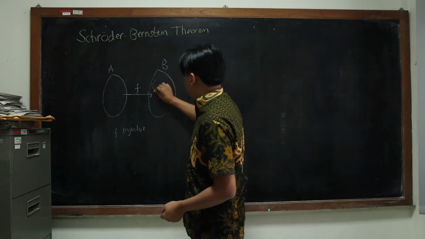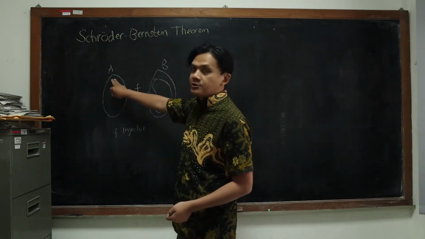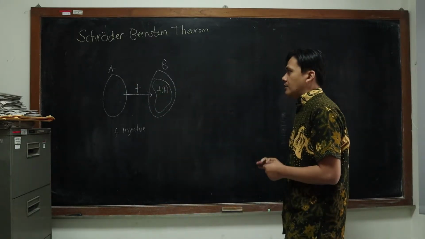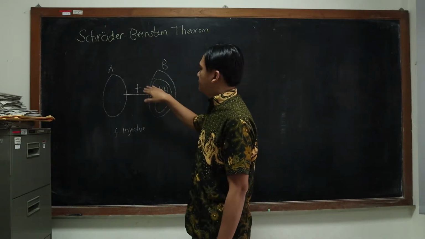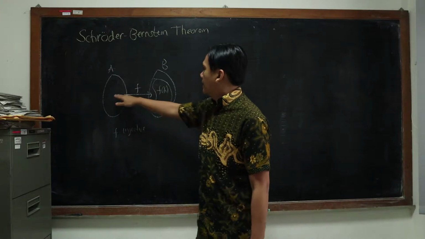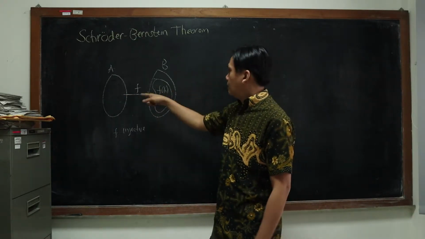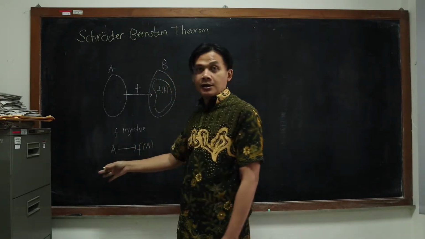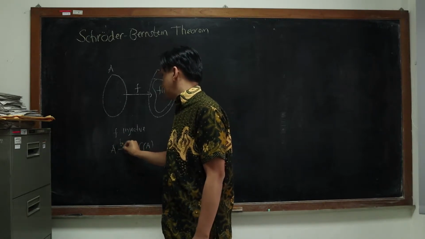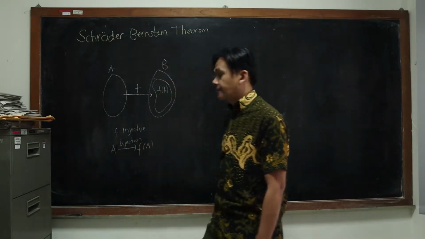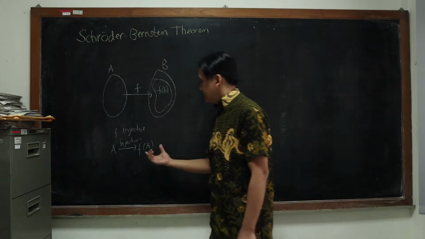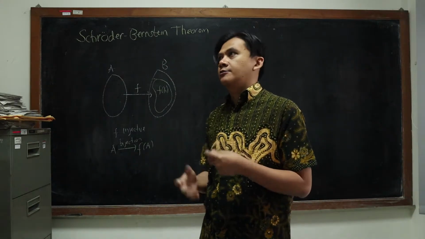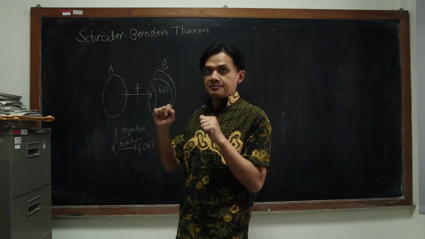Then inside B we have the image of A under F. So this is F of A. Now if we restrict the map F not from A to B but from A to F of A, then we have a bijection from A to F of A. Remember that if we have a bijection, then the cardinality of the two sets are the same, right?